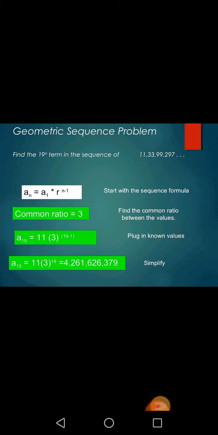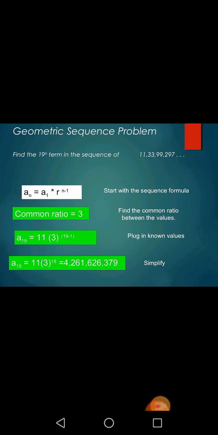Yes, it's 3. I want to make sure the 3 applies to the second term. 33 times 3 equals 99, so it's right. So this is a geometric sequence and the ratio equals 3.